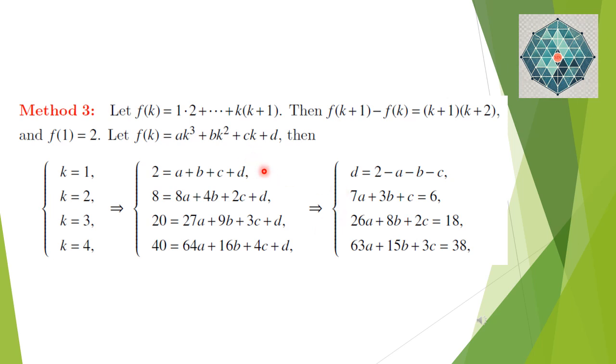Now, subtracting the first equation from the others, we obtain d equals 2 minus a minus b minus c. 7 a plus 3b plus c equals 6. 26 a plus 8b plus 2c equals 18. 63 a plus 15b plus 3c equals 38.